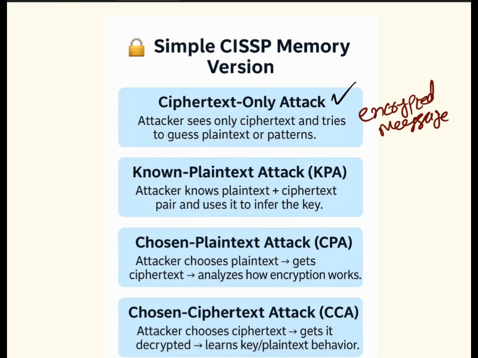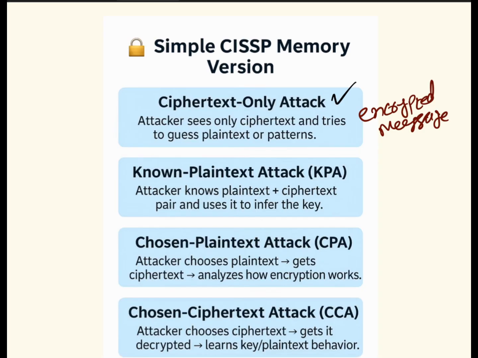The attacker can see people going in and out. The attacker can see the patterns, but cannot enter, cannot ask questions, cannot test anything. So the attacker tries to guess how the bank works inside just by observing the outside. The attacker cannot go inside.